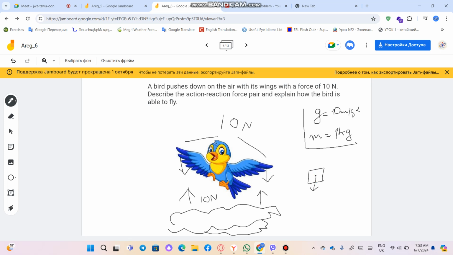It's just that one. And how much is it? 10 meters per second squared. Newtons. Oh, force, Newton, right? It's 10 times 1, right? mg. Okay. What else do we have?